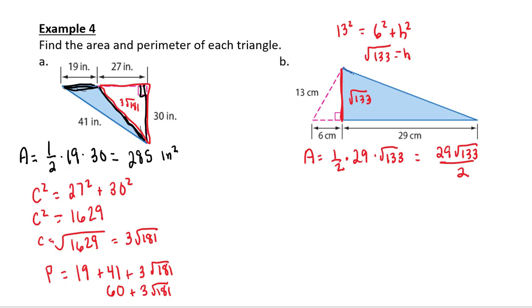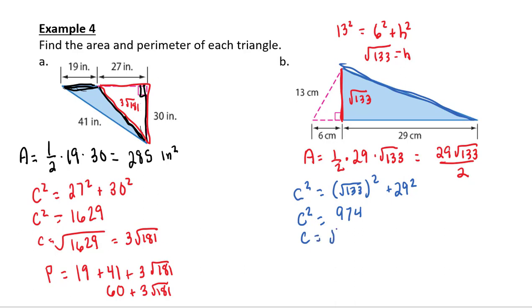To be able to find the perimeter, we need to find the length of this hypotenuse. So we need to do the Pythagorean theorem again. So c squared equals the square root of 133 squared plus 29 squared. That ends up all equaling 974. So c, my hypotenuse, is the square root of 974.